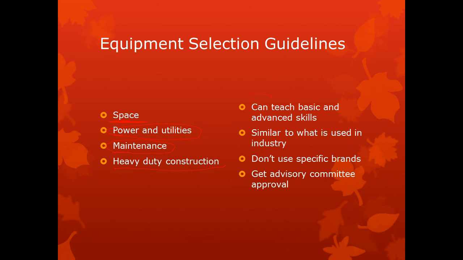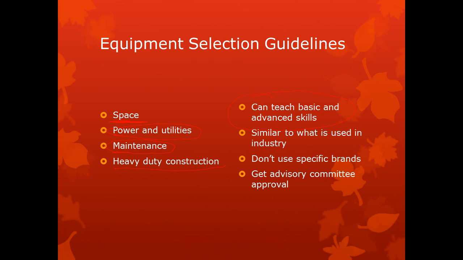Now, ideally, we'd like to be able to get the same piece of equipment to teach basic and advanced skills. That means we don't have to buy two pieces, especially whenever they're expensive. So where we can, look for machines, look for equipment that can do both. Getting back to drafting, use the old-time drafting machines for basic drafting and advanced drafting.